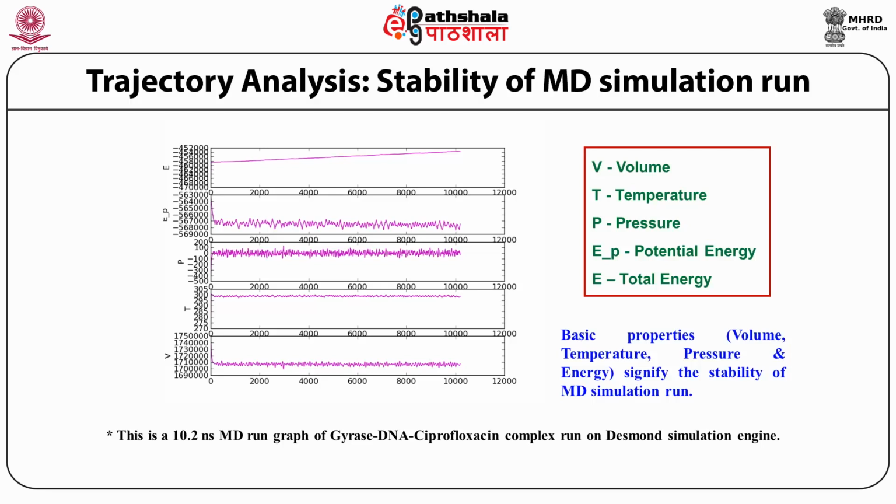This is a 10.2 nanosecond MD run graph of the DNA gyrase ciprofloxacin complex run on the Desmond simulation program. Properties under observation in this case include volume, temperature, pressure, potential energy, kinetic energy, and total energy of the simulation system. This graph clearly indicates that the gyrase ciprofloxacin complex has achieved the equilibration state very quickly, at about 0.2 nanosecond.